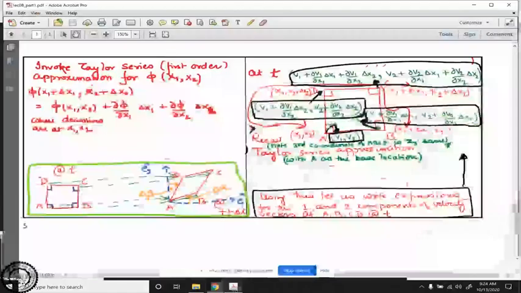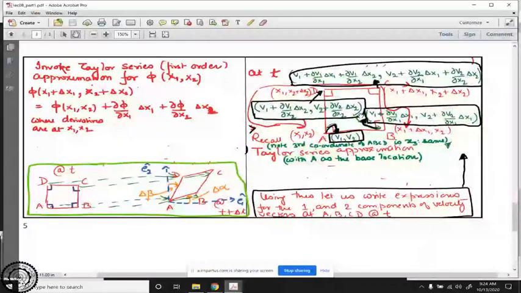So once we have the components of these velocity vectors, now what I have to do is go to each fluid particle, take the velocity component, multiply it by delta t, and add the original coordinates of that fluid particle, and that will become the new coordinates.